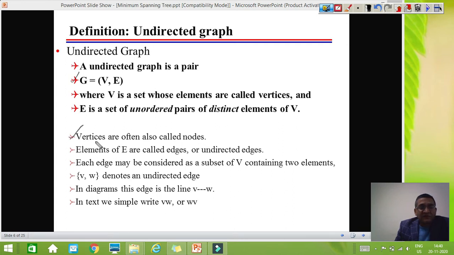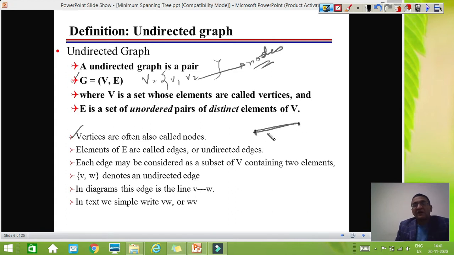This set V consists of many elements that we call vertices, and these are also called nodes. Each edge consists of a subset of V containing two elements. So whenever we talk about an edge, it consists of two vertices. Whenever I say one edge, it has two endpoints, and these endpoints represent the two vertices.